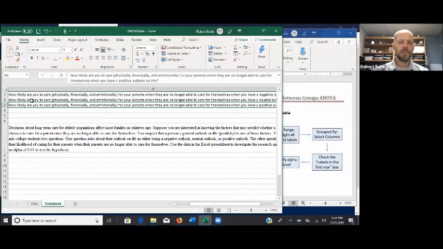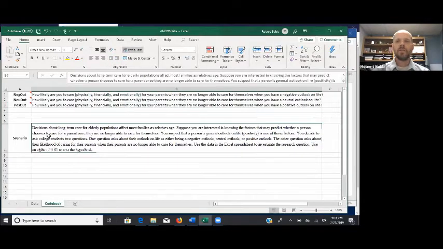Let's make sure we understand what's going on. Remember, statistics always happens within a context. So it looks like in this scenario that decisions about long-term care for elderly populations affect most families as relatives age. So suppose you're interested in knowing the factors that may predict whether a person chooses to care for a parent once they're no longer able to care for themselves. So you suspect that a person's general outlook on life, positivity, is one of those factors.